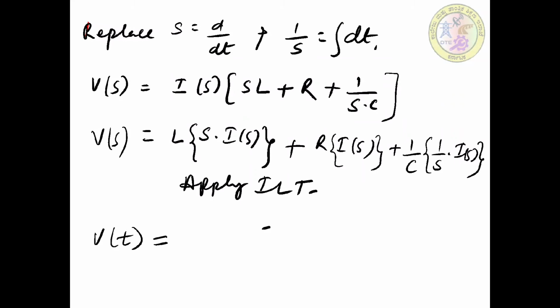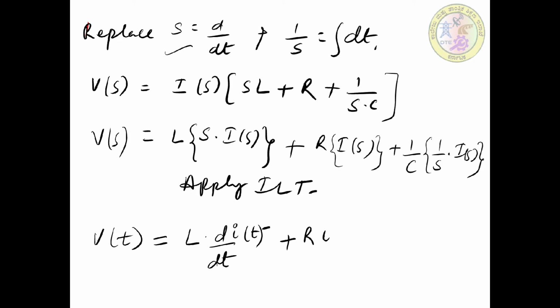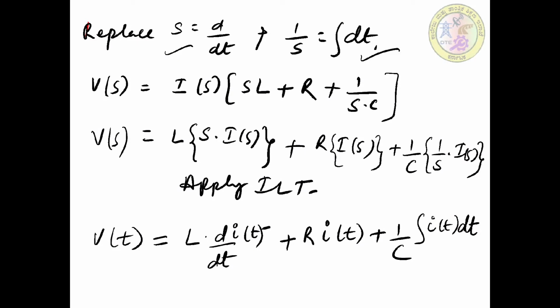V of t is equal to L into, so here s should be replaced by d by dt, and I of s will be changed into I of t, plus R into I of t plus 1 by C into, so 1 by s has to be replaced by integral of I of t into dt. Okay, so this is the time domain equation we have.